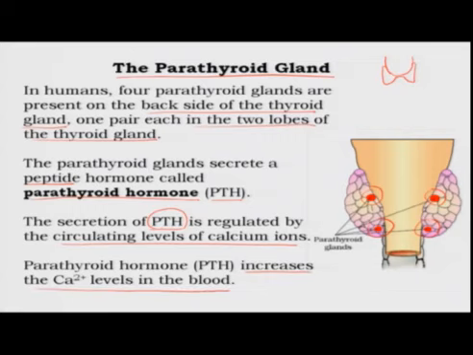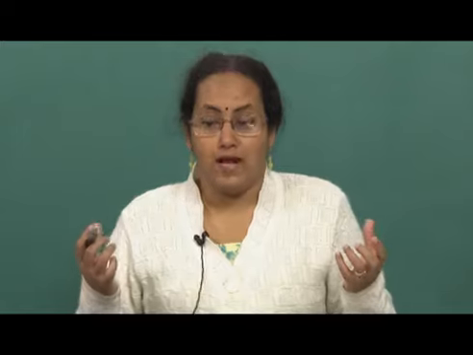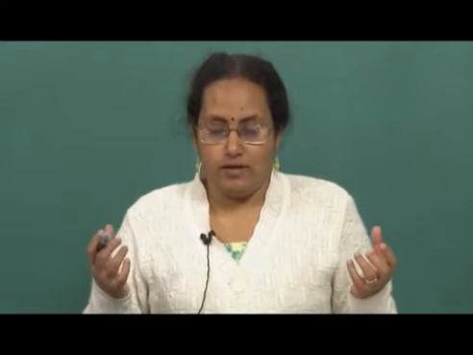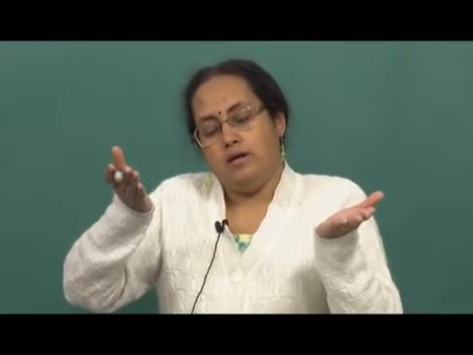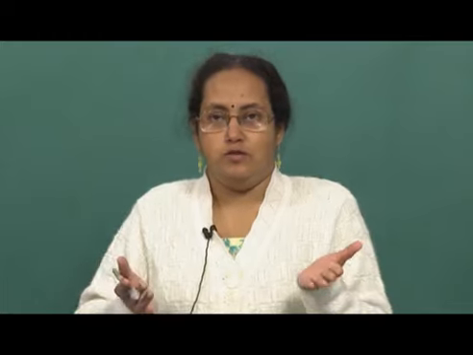I will tell you how it does so in a little while, but you can understand why this whole system is in place. When there is a decrease in calcium levels in the blood, this indicates that you need more calcium. So, the system is activated to release more parathyroid hormone from the parathyroid gland, which acts to increase the levels of calcium and bring them back to normal. This is called homeostasis. So, bringing the balance back is happening through the parathyroid hormone.